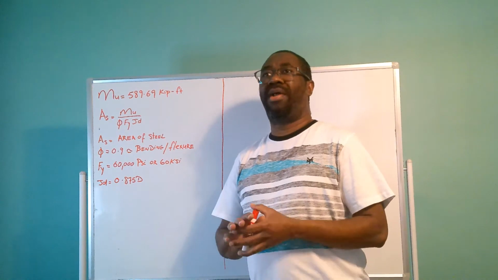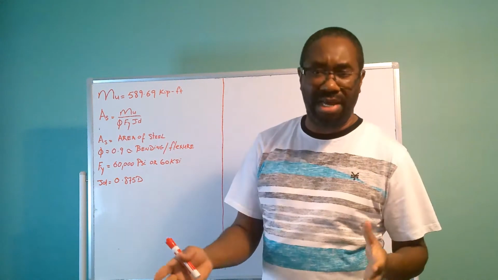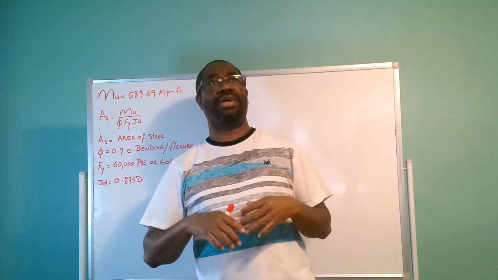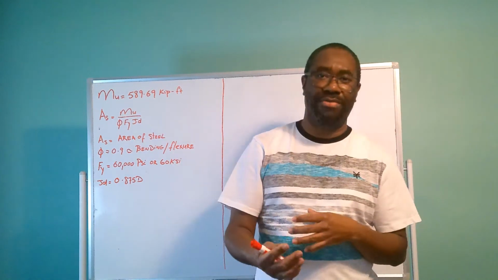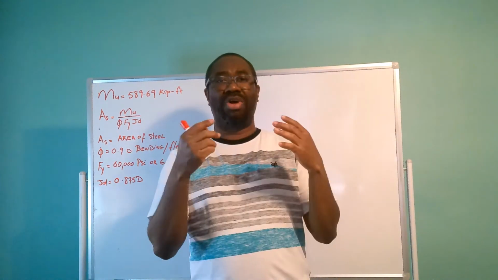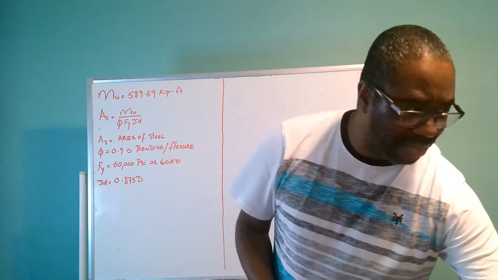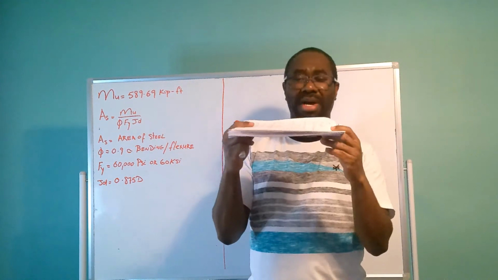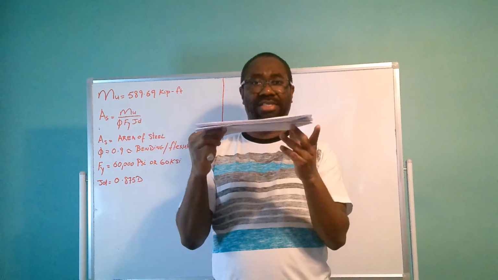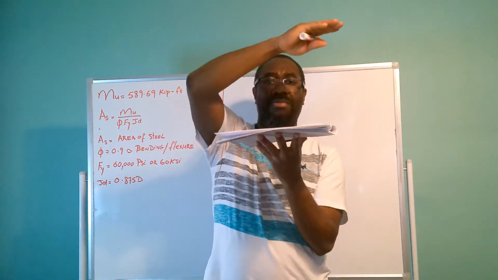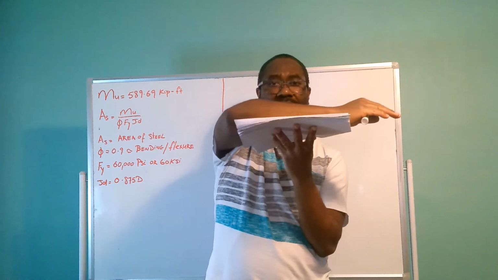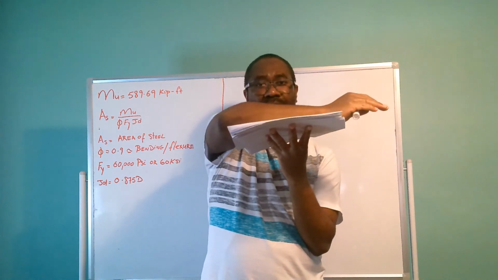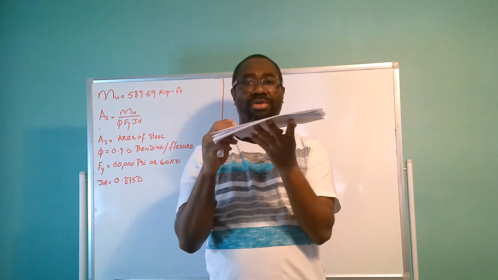So whenever you're doing beam design and you hear the engineer refer to flexure, it is referred to as bending. And what that means is that if you imagine the beam as this, and the uniform distributed load is spread right across the beam like this, the beam is going to tend to bend like this, with this parabolic shape.